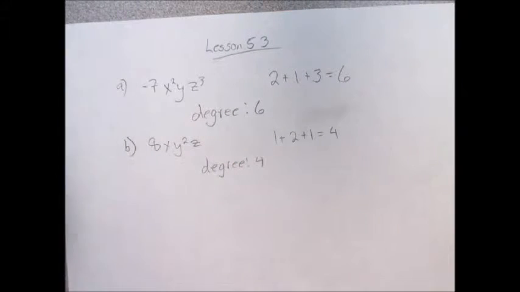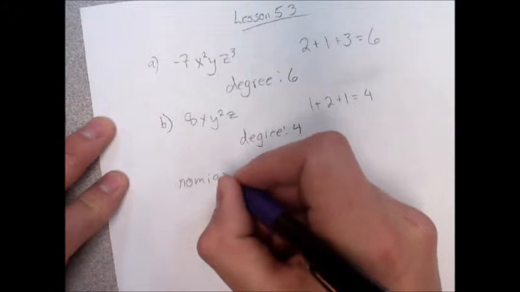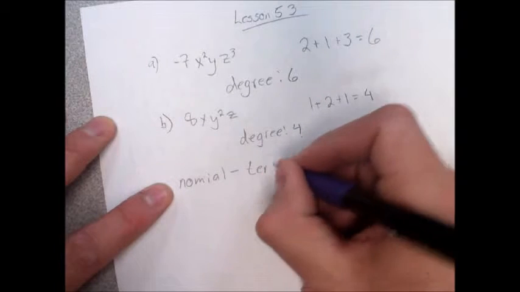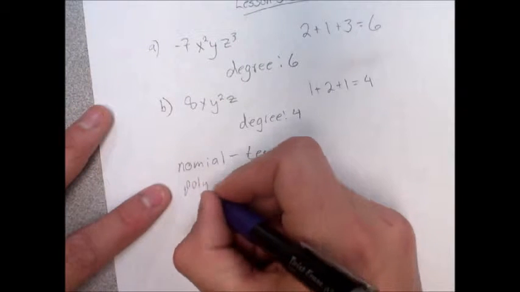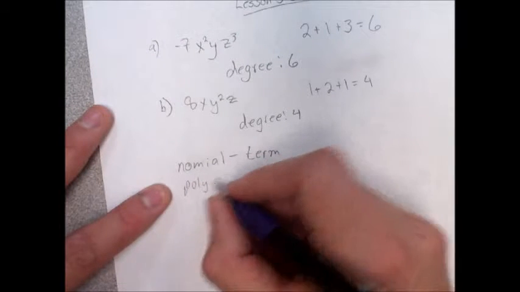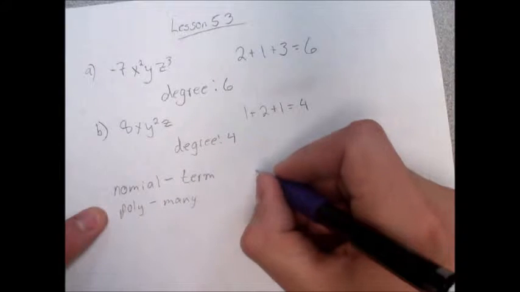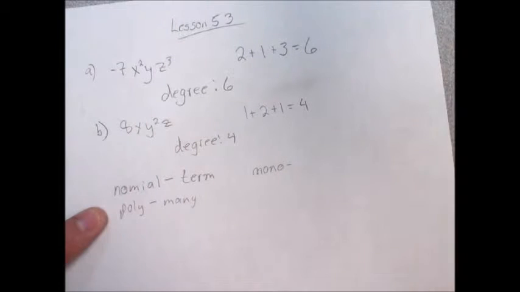Remember, nomial, let's define that so that we can get it in our heads now. Nomial means basically term. So when you see poly in front of nomial, polynomial, then that means many, basically. Therefore mono, or monomial, means 1.